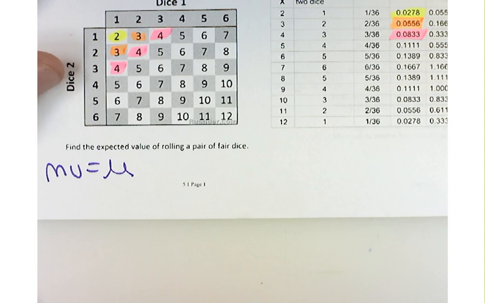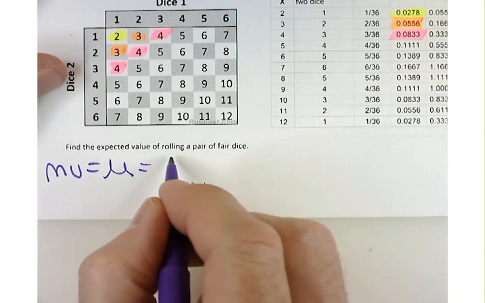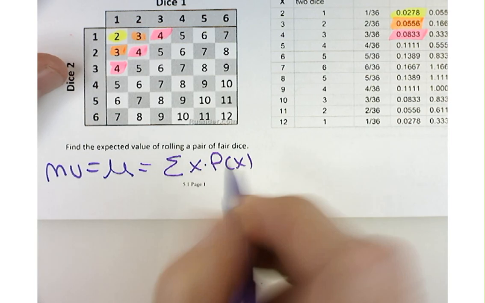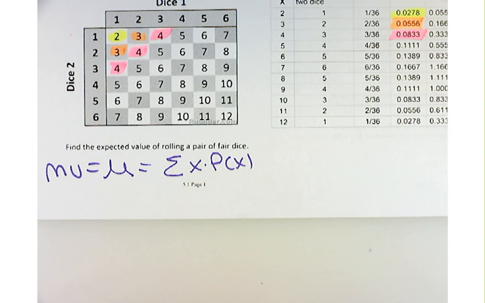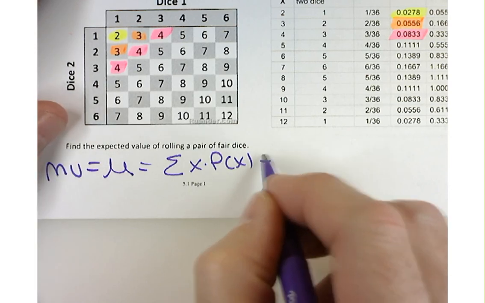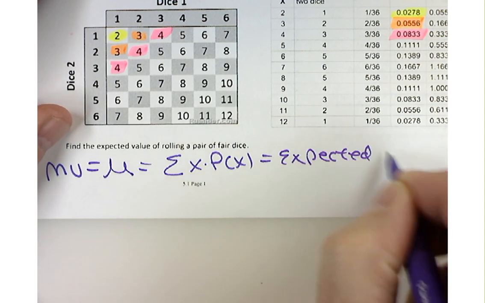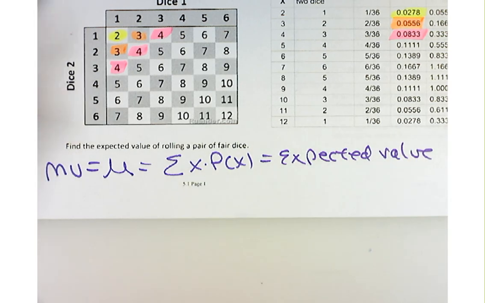The way you calculate the mean is you add up this product, x times p of x: the value times its probability. That also goes by another name: the expected value. This is what you would expect if you did this kind of experiment hundreds and hundreds of times. What's the average roll of a pair of dice?